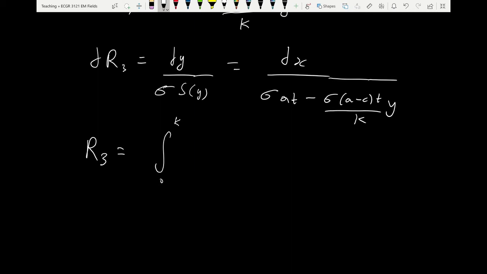So if I imagine I multiply a here and I divide by a here to make it easier, I can take out 1 over sigma at, and I end up with dy over 1 minus (a minus c) over k times y.